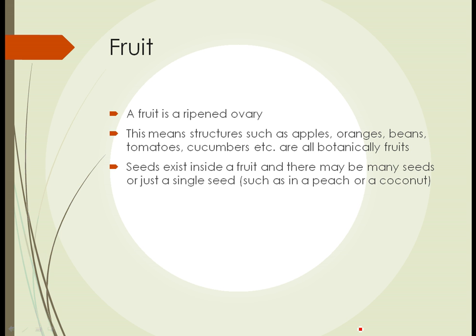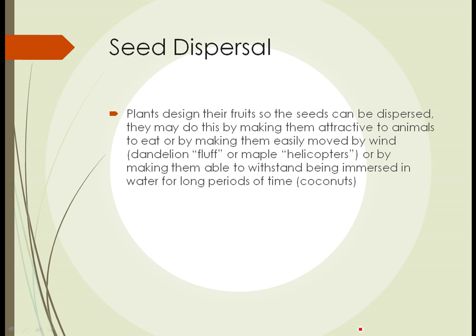Food-wise, we might not consider tomatoes and cucumbers fruits, but botanically they are. The seeds exist inside the fruit, and there might be many seeds, like in an apple or an orange, or there might be just a single seed, as you would find in a peach or a coconut.